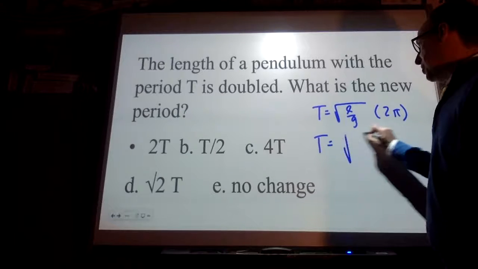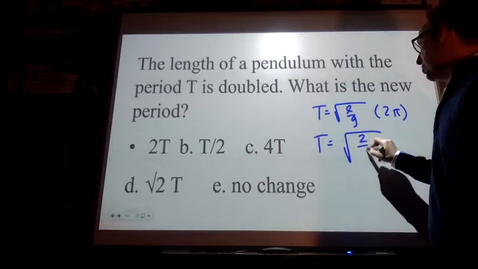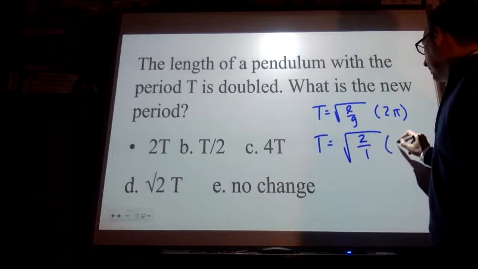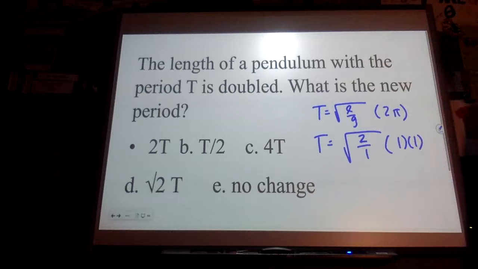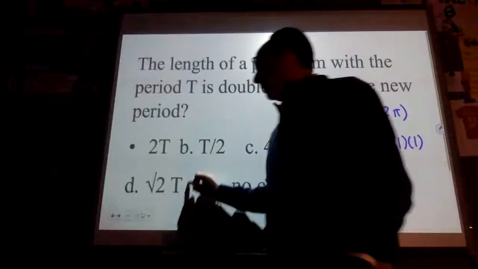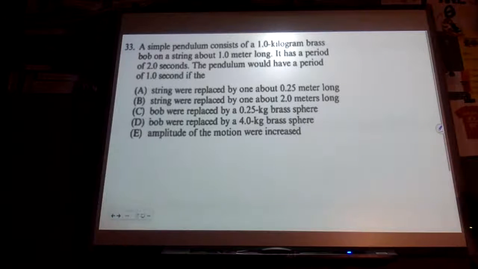What gets changed? L is going from 1 to 2. G is staying at 1. Our 2 and our pi aren't changing, so I would still put in 1s for those, and it changes by radical 2 T.